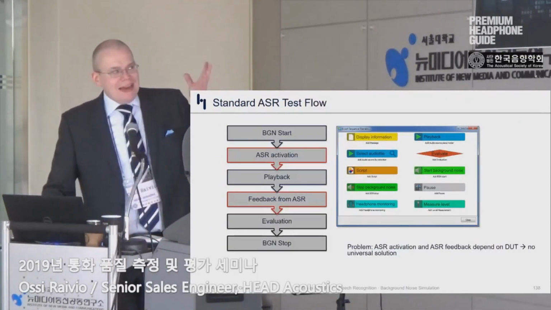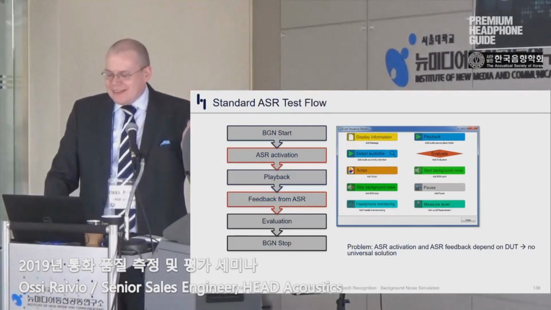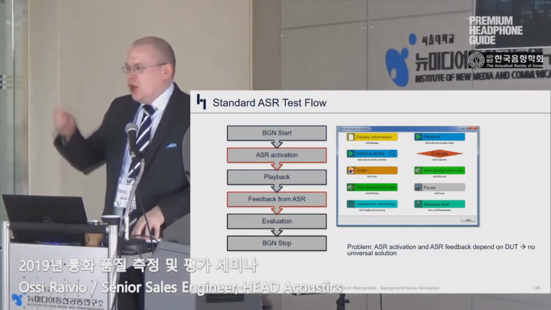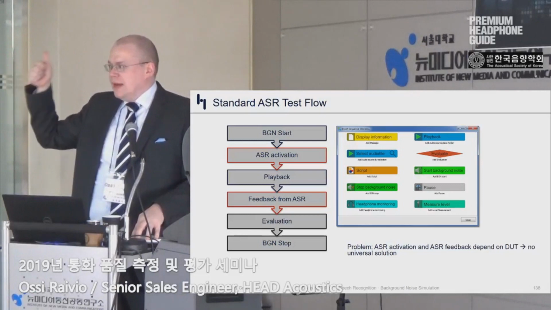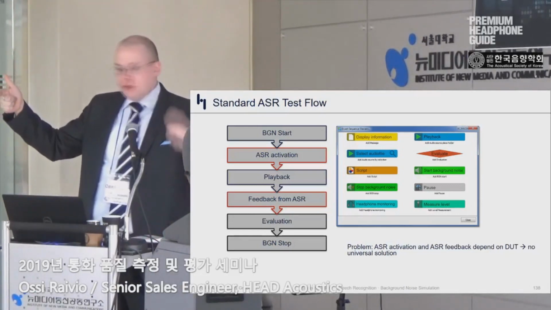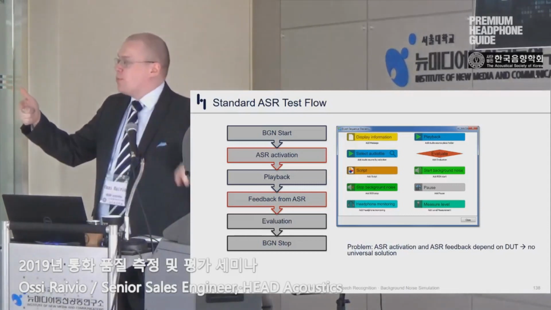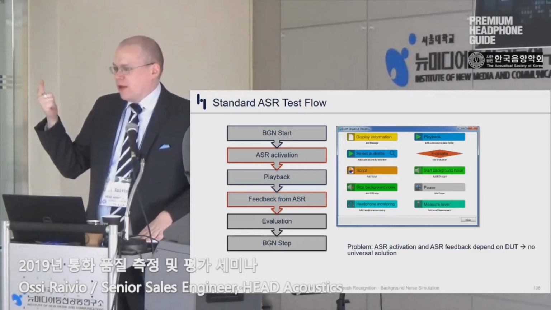So this would be a typical test flow for a speech recognition test. First, we start the background noise. Then we activate the ASR. It could be a keyword, or alternatively, you have to press a button somewhere, but you activate the speech recognition.